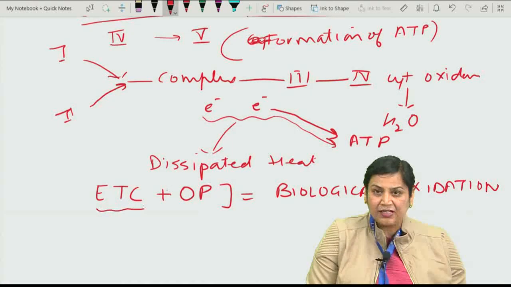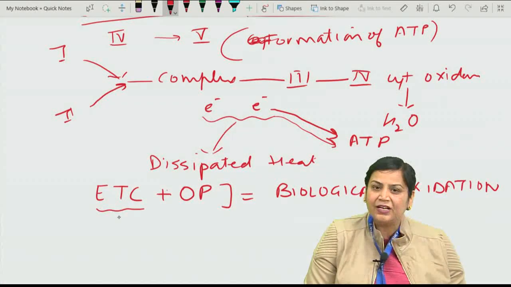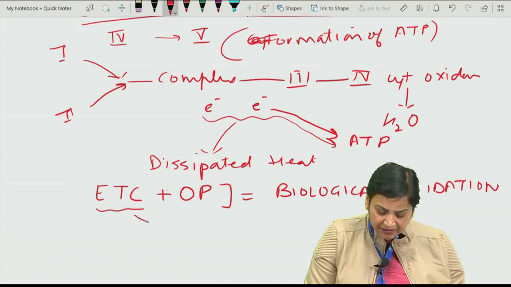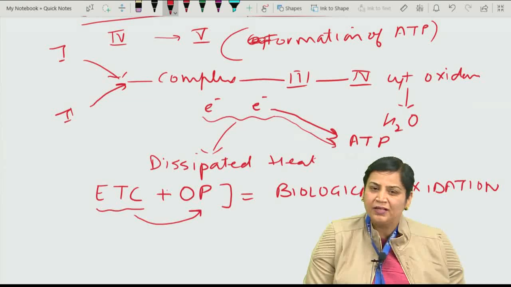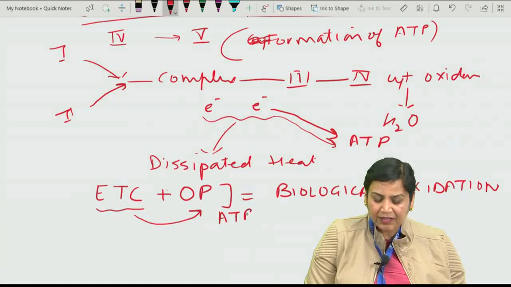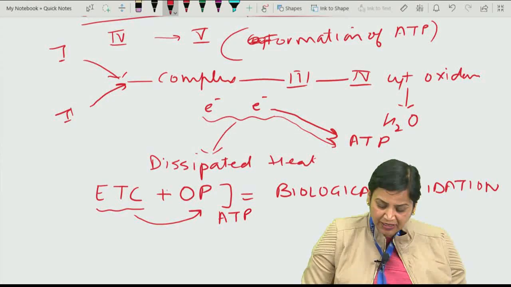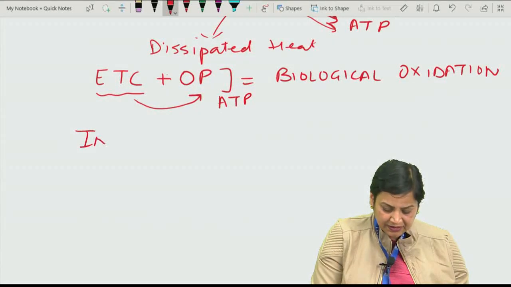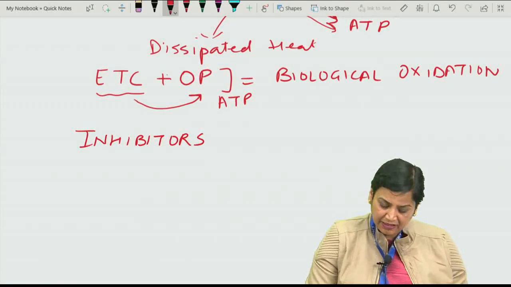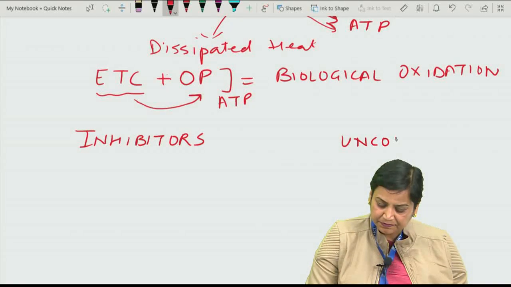Whatever energy is released during the transport of these electrons is finally utilized in the formation of ATP. Now there are two different concepts here: one is inhibitors and the other is uncouplers.